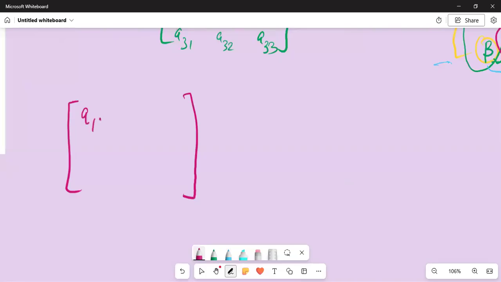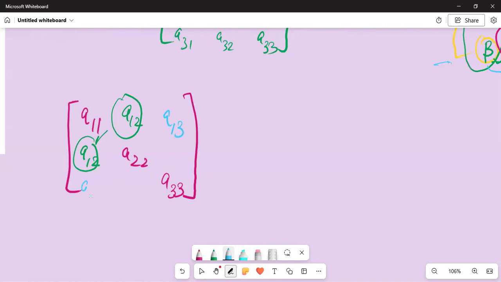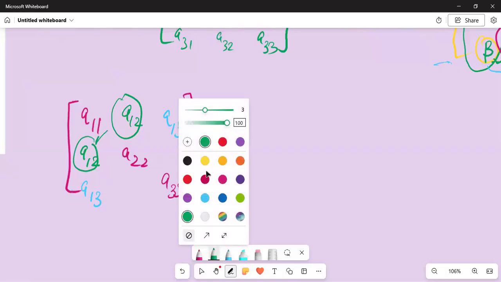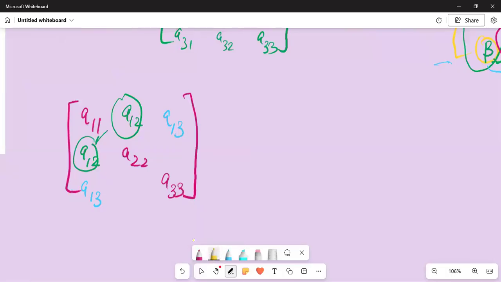If you have this, diagonal entries are always free, but the symmetric matrix means that A12 will be the same as A21. This has to be the same as this, and this has to be the same as this, and this has to be the same as this.